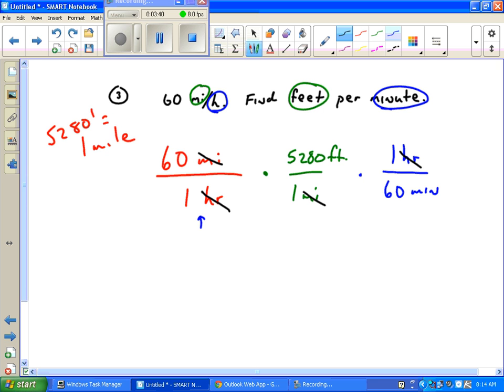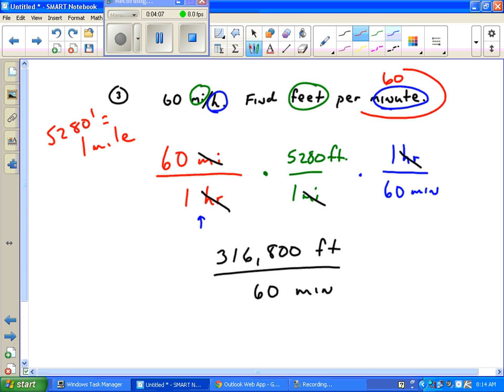Notice the only unit you have on top now is feet, and the only unit you have on the bottom is minutes. When you multiply 60 times 5,280, you get 316,800 feet. And if you go straight across at the bottom, 1 times 1 times 60, that's per 60 minutes. But it doesn't say per 60 minutes, it just says per 1 minute.